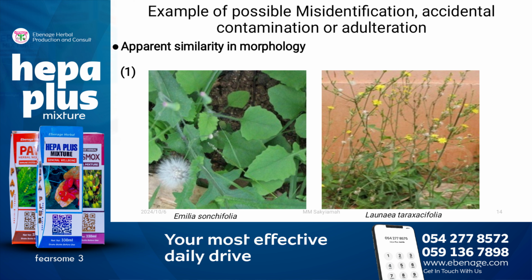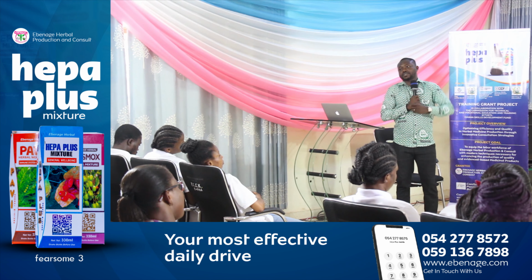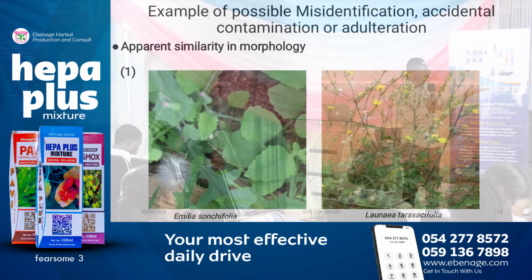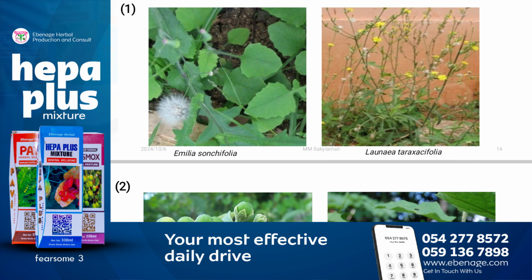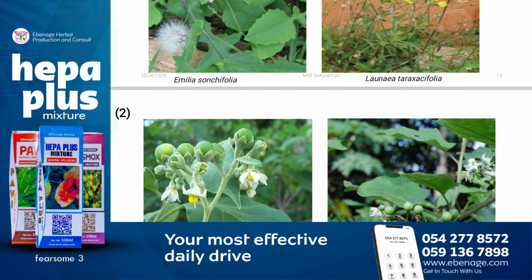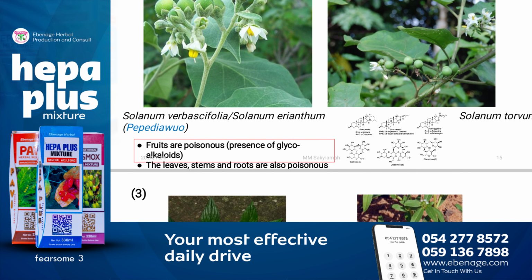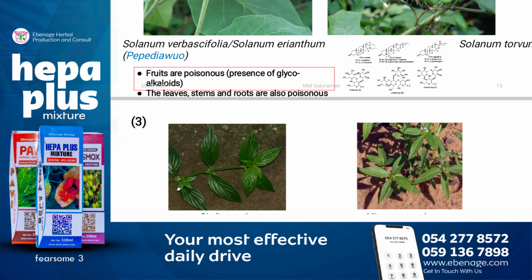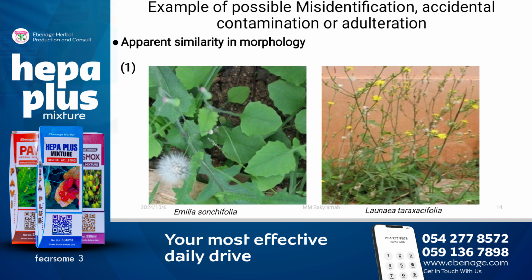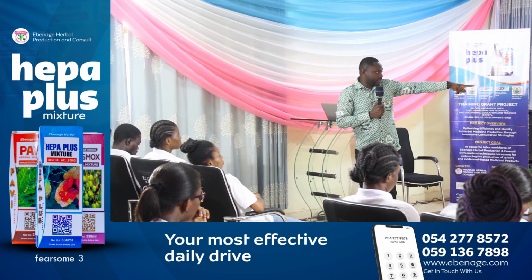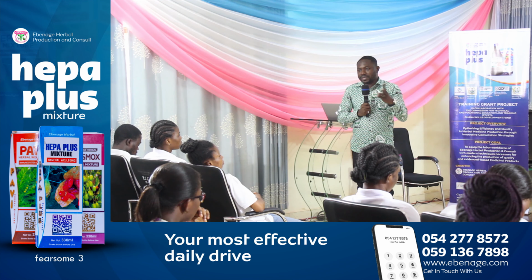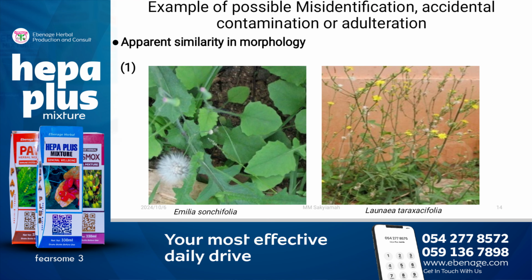These are two similar but different plants, as you can see from the names. Assuming you don't keep any standard as to what your plant should be and what it should look like, you ask your people to go and collect plants for, let's say, diabetes or hypertension, depending on what you are using it for, but let's take these conditions.